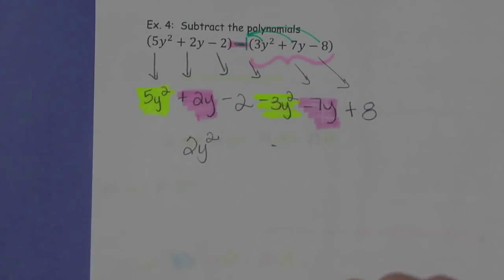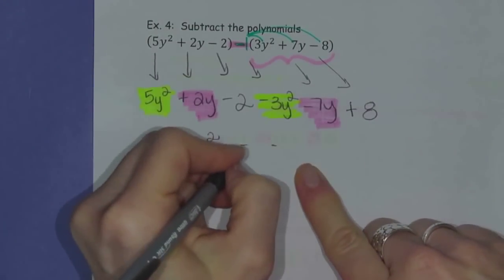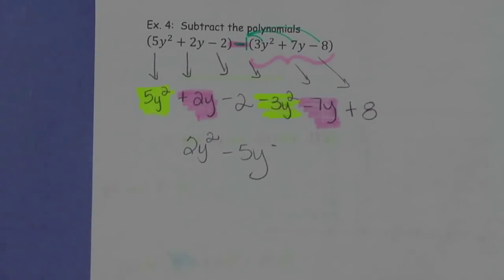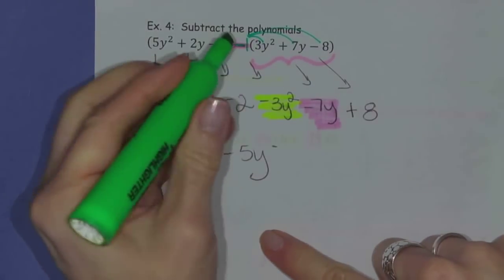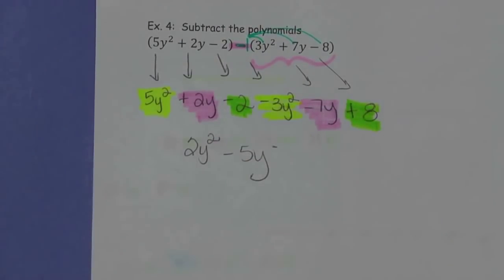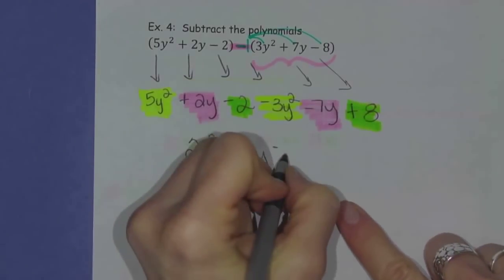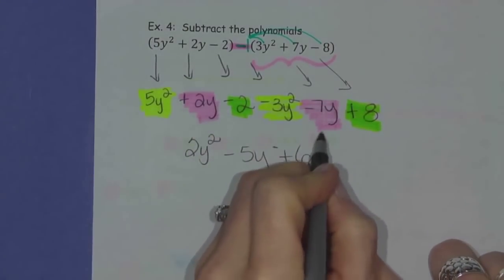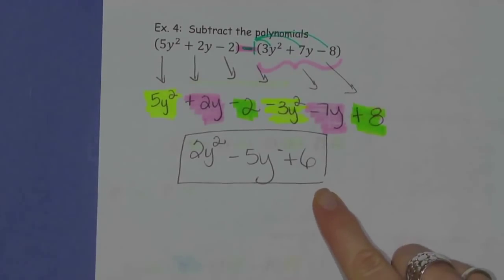And so that will be negative 5y. And last but not least, I have a negative 2 with a positive 8. And that is going to be positive 6. And so 2y squared minus 5y plus 6 is my final answer.